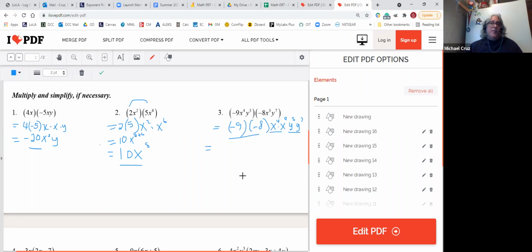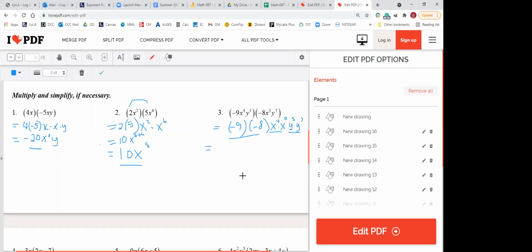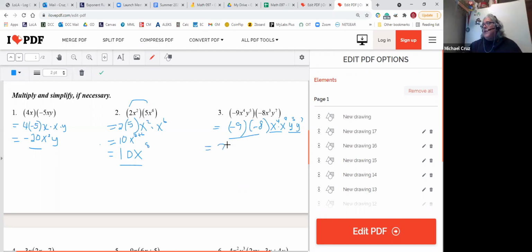So what happens on number 3? I got 72x to the 7th power, then y to the 12th. Yeah, it's negative times negative, so it's 72. Again, x, that's a 3 is what that is. 7, yeah.